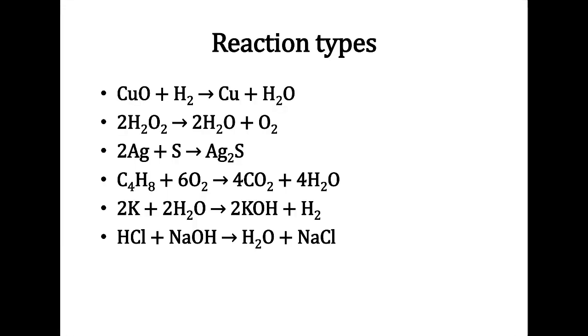So in this first one, we have copper 2 oxide plus hydrogen yields copper plus H2O. Okay, so what's happening here? Well, we can see that the copper is displaced, and it's going to be replaced by hydrogen. So this would be a single replacement or single displacement reaction.